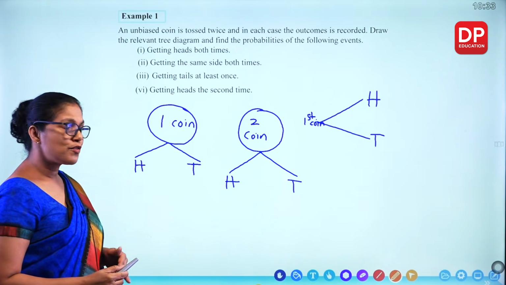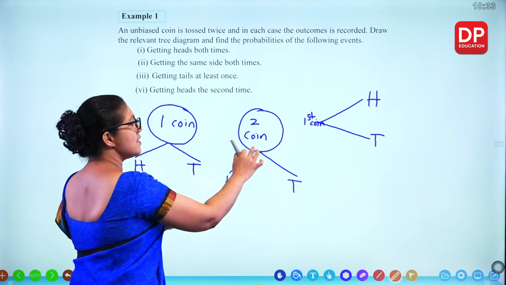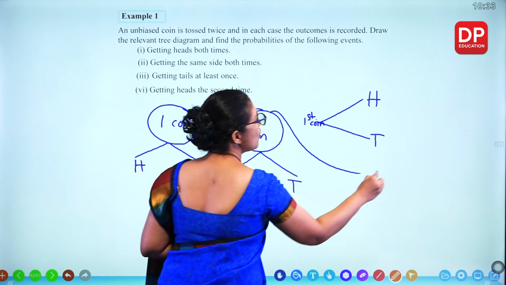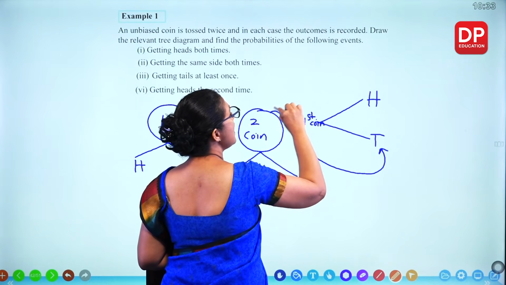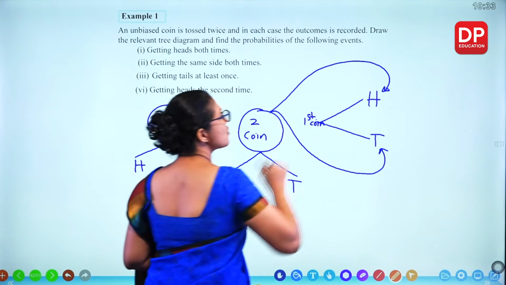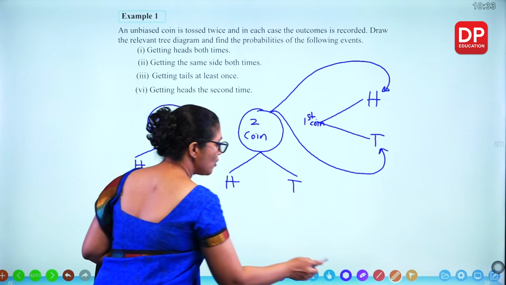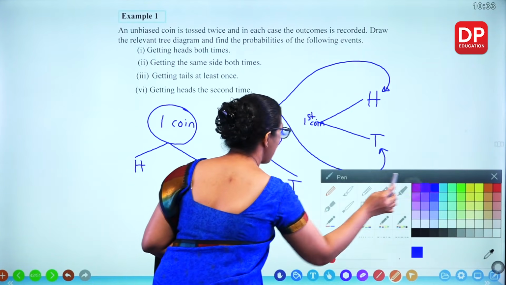Then we have to connect the second coin to this branch as well as to this branch. So when you connect this here, you get a diagram like this.